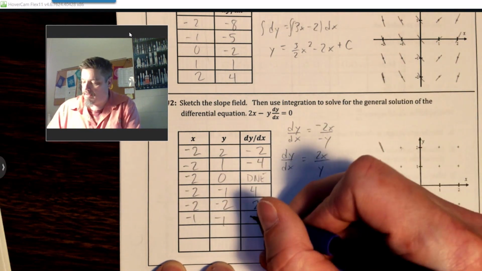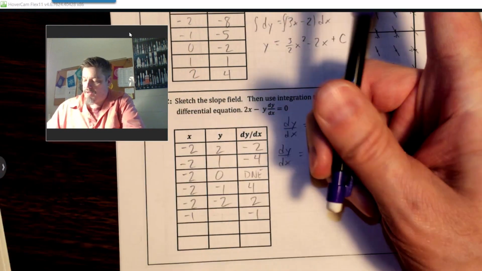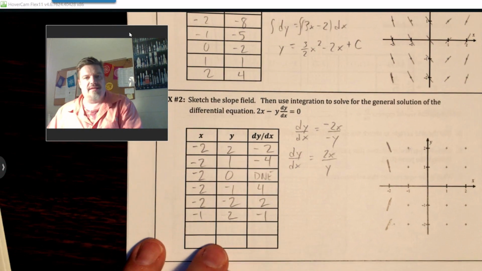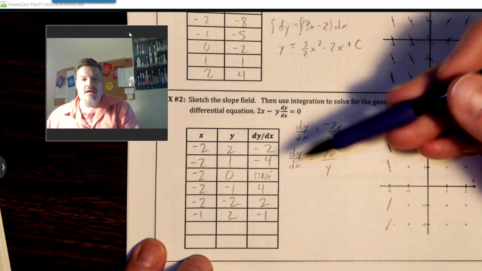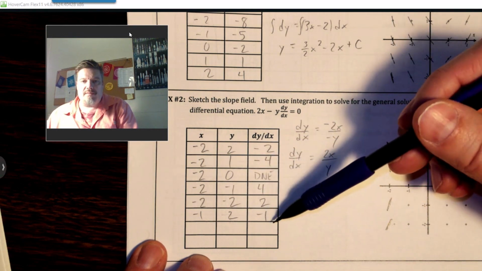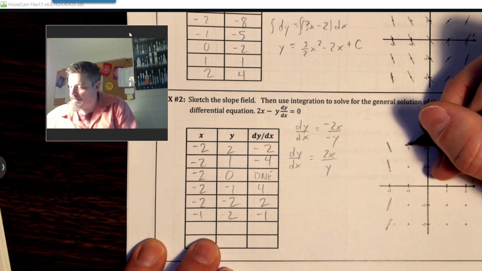Oh, sorry, I'm writing these numbers in the wrong location. I picked this point right here, -1, +2. It's actually going to be -1, so that cuts that guy in half.